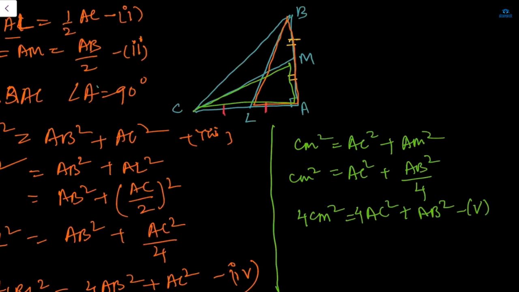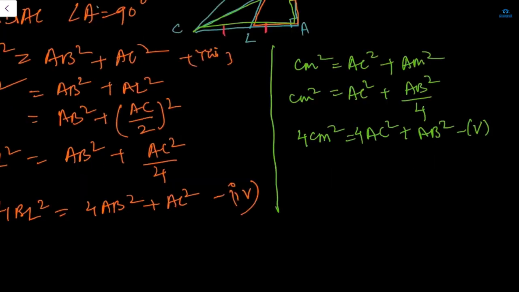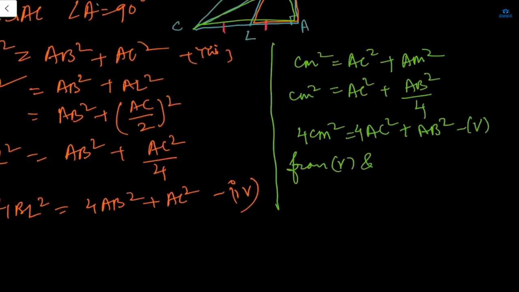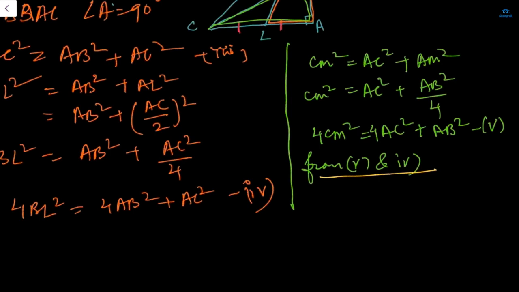Okay, now from 4th and 5th, what did you get? 4 AB square plus AC square. Ma'am, we will subtract the equation. Okay, now let's add both the equations. Adding both the equations, what you will get, I'm writing here.